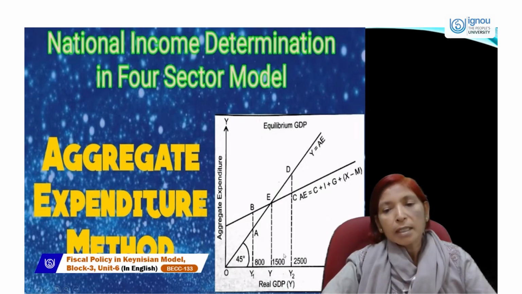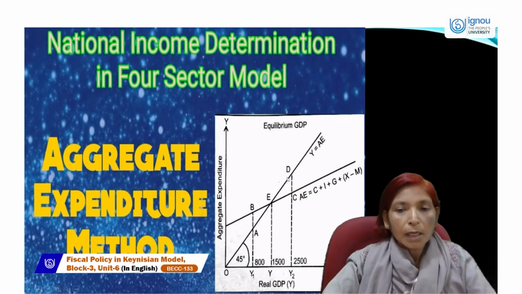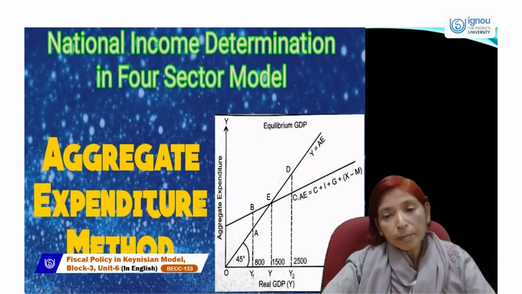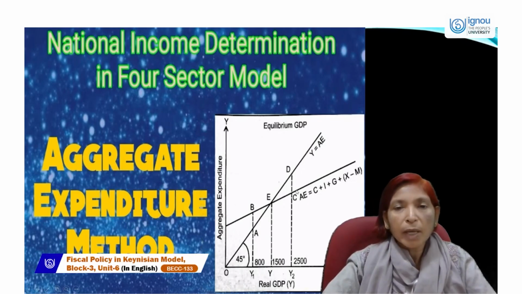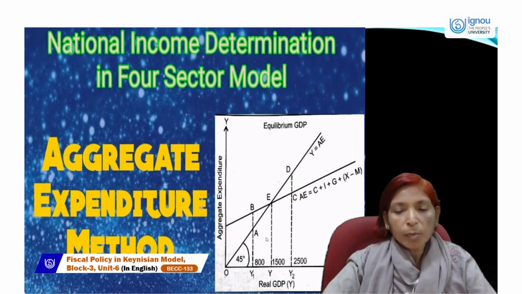And if Y is greater than aggregate demand, because you know that a disequilibrium situation may occur if the income line or aggregate supply is more than aggregate demand, then what will happen? If supply is more than demand, then unsold stock will be left and the producer will be discouraged from producing more. In this case, production will fall, employment will fall, and income will fall. Then again, we will move towards the equilibrium point.